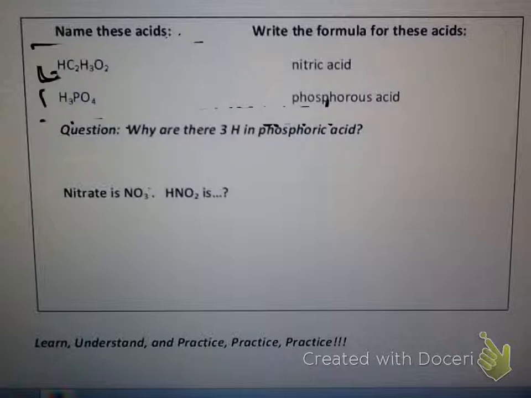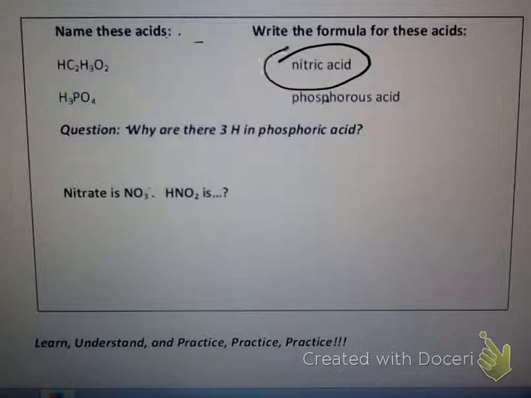So in the next two on the other side, we're going to derive the formula from the name. Here we have the name nitric acid. Remember the -ic acid came from the -ate. So we're going to start by drawing nitrate. We know nitrate, because hopefully you'll memorize it, is NO3-.